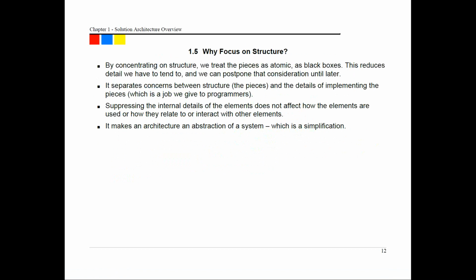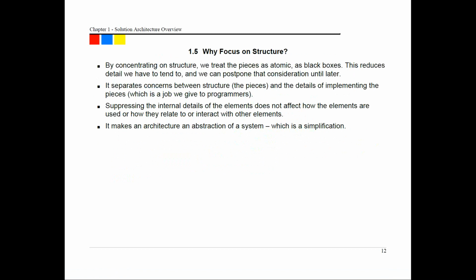And architecture analysis and architecture decomposition focuses on structure. So why structure? What we're focusing on is treating the pieces of the system as black boxes. We don't want to get involved in the details of what's inside those boxes.